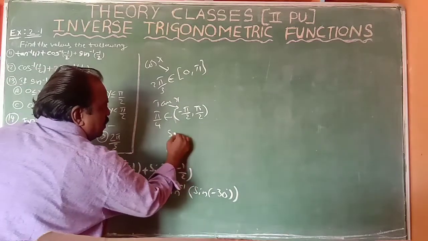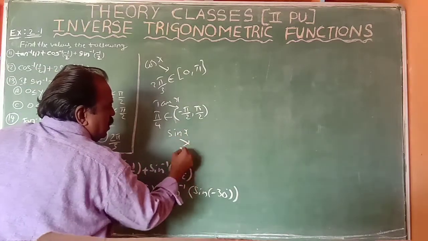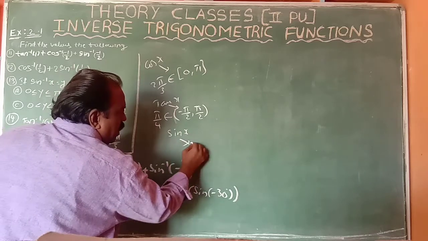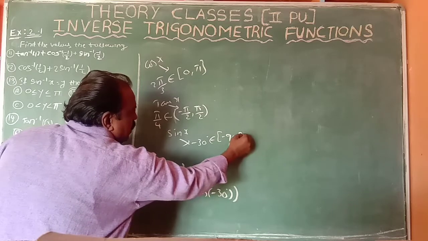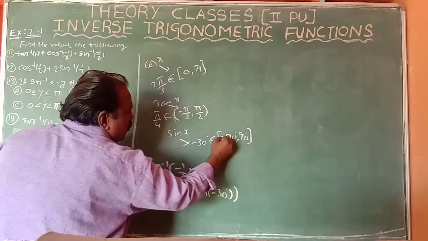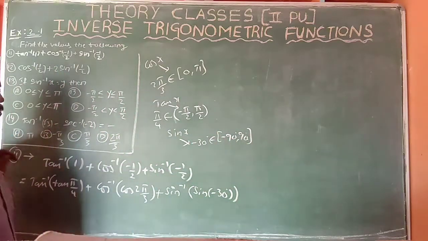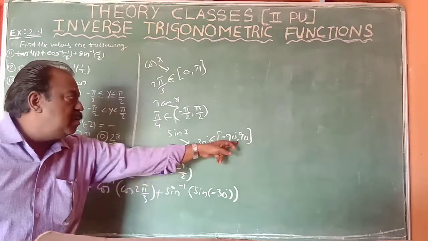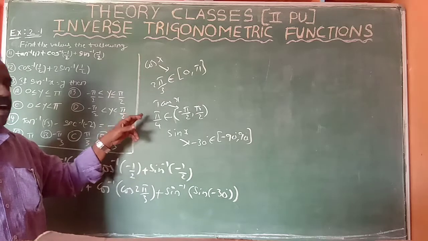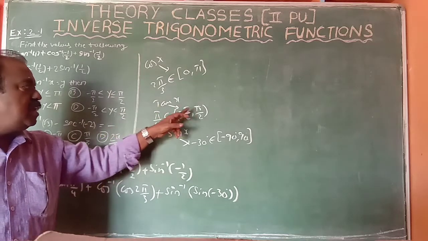Why? Because for sin, minus 30 degrees lies between minus 90 and plus 90. In this interval, the principal value of sin is always between minus 90 and plus 90. For tan, the principal angle is between minus 90 and plus 90, open.